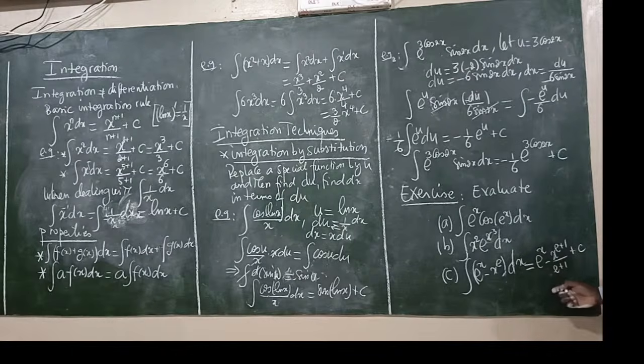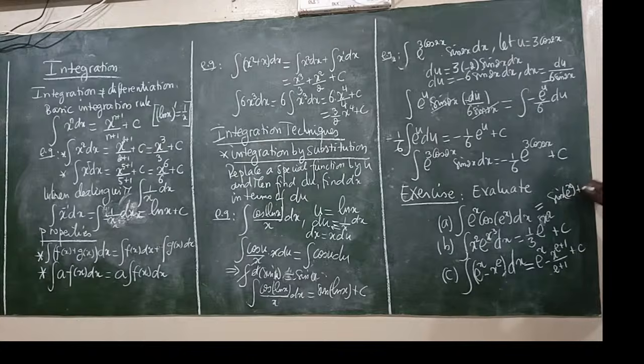And this is going to be 1 over 3 e to x cubed plus c. And this one, you show it will be the sine of e to the x plus c.